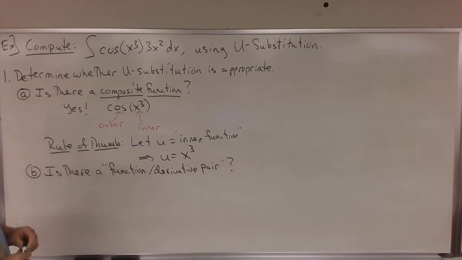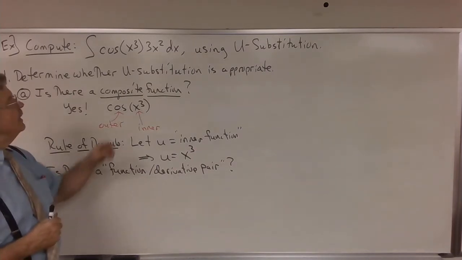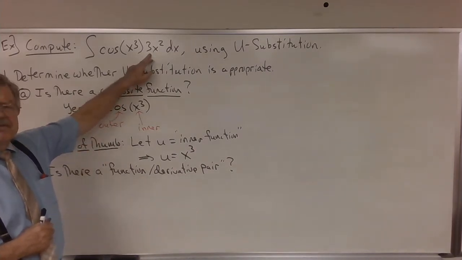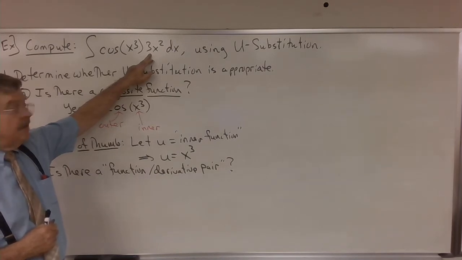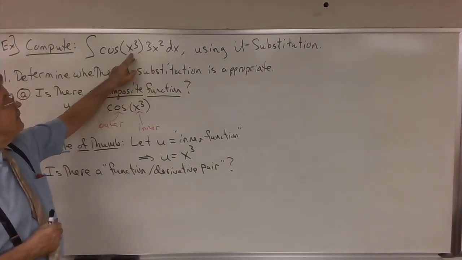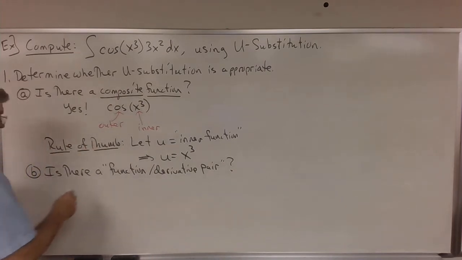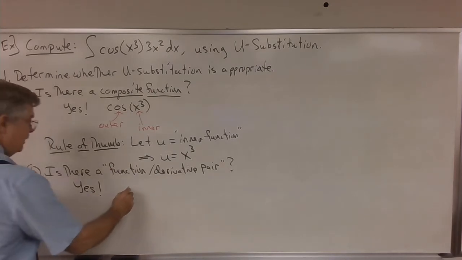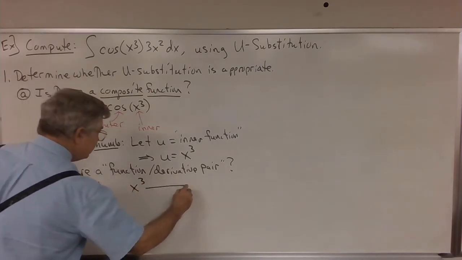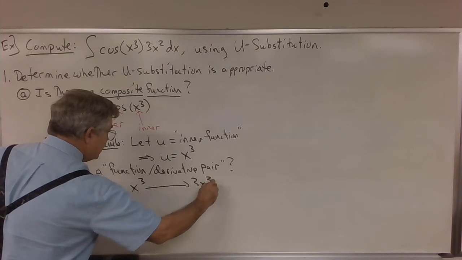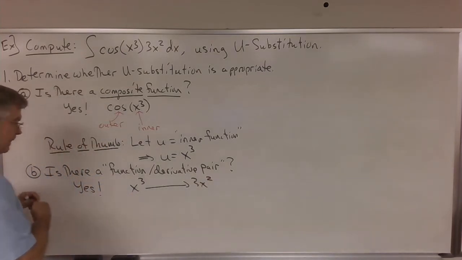And we look here and we say, you know what? 3x squared is the derivative of x cubed. So the answer is yes. And x cubed is our function. 3x squared is our derivative.